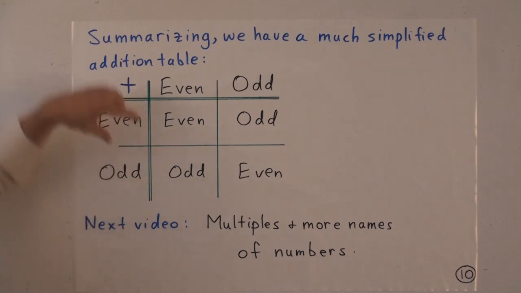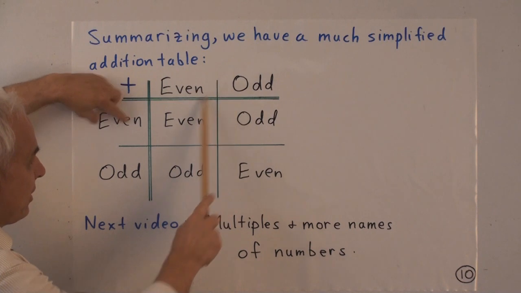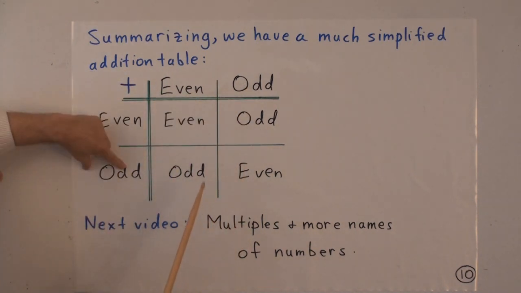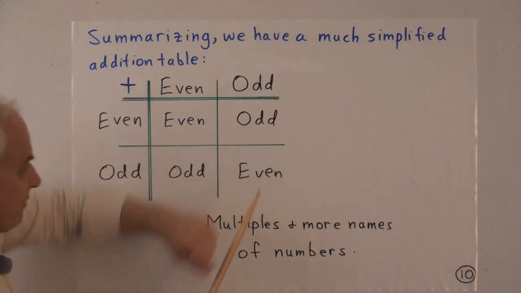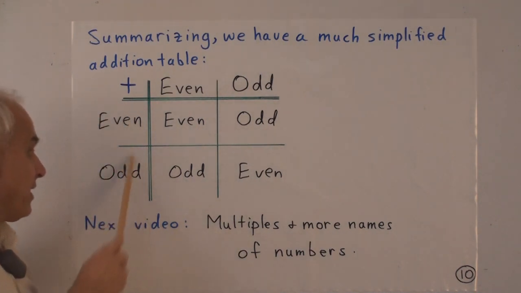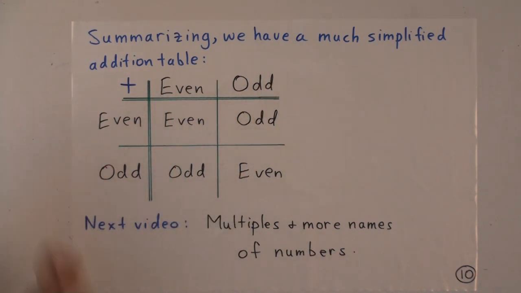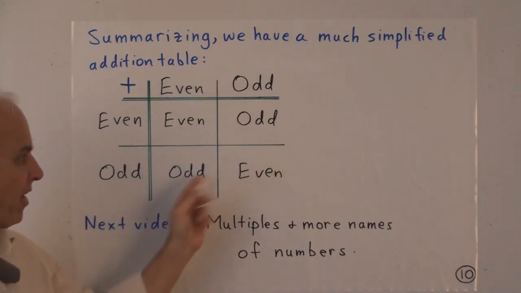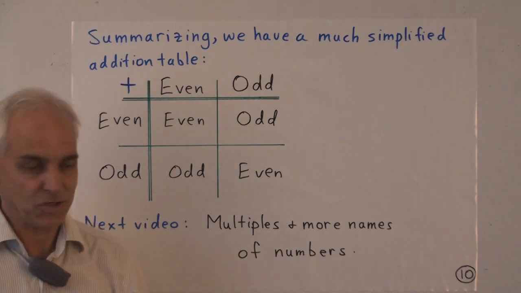So the way we read this is that an even plus an even is even, even plus odd is odd, odd plus even is odd, and odd plus odd is even. This is like the addition table with numbers, except that instead of having 10 numbers down the side here, or 10 numbers across here, we only have the 2 types, even and odd here, and the 2 types, even and odd here. Then there are only 4 possibilities instead of 100 different possibilities in that former addition table.